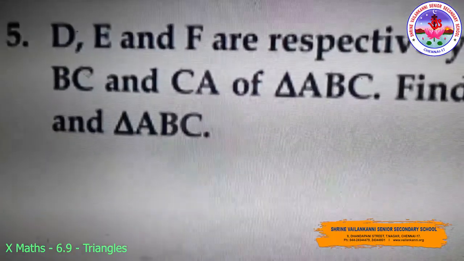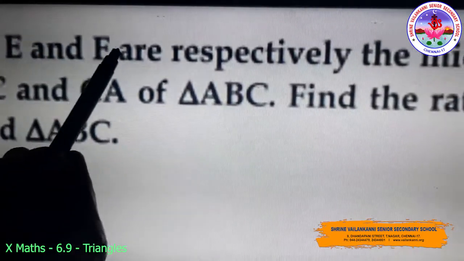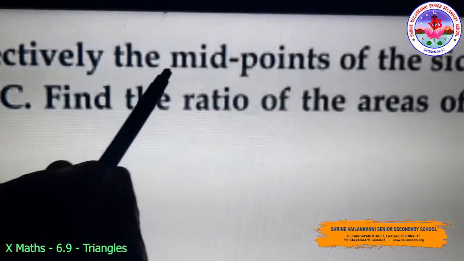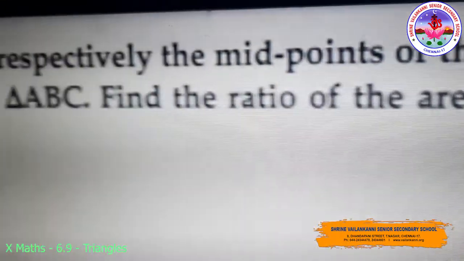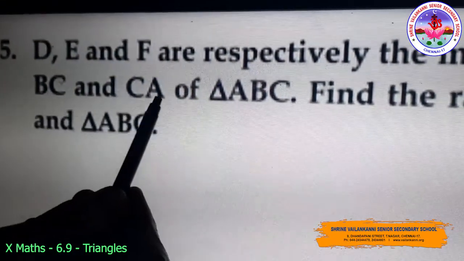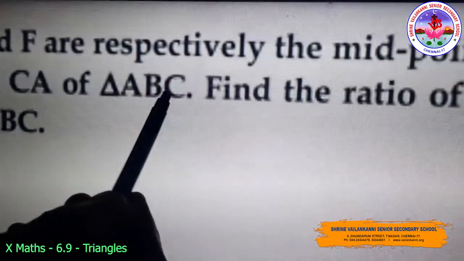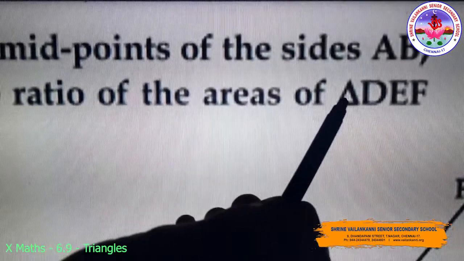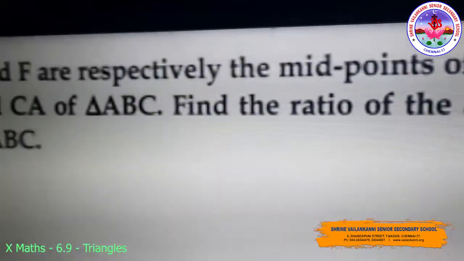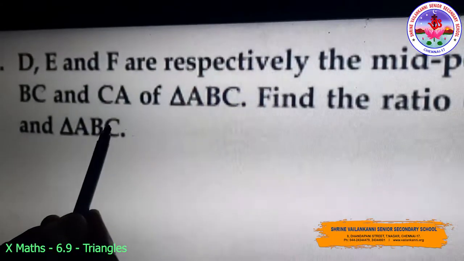Fifth problem: D, E and F are respectively the midpoints of the sides AB, BC and CA of triangle ABC. Find the ratio of the areas of triangle DEF and triangle ABC.